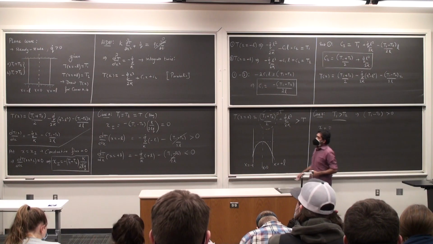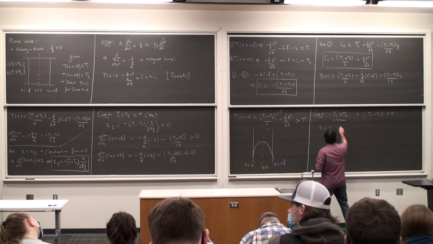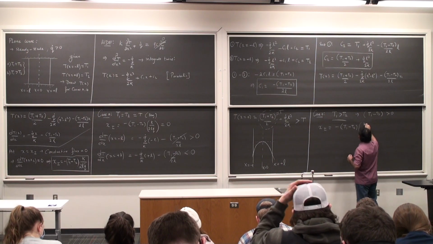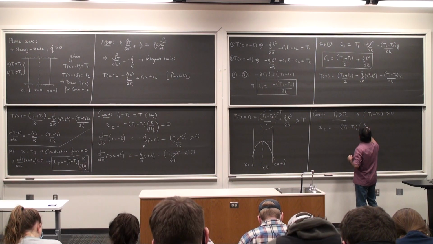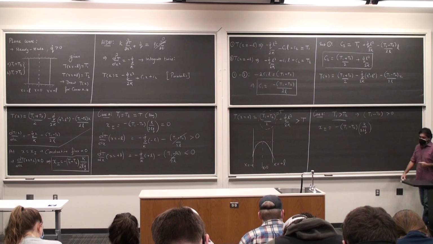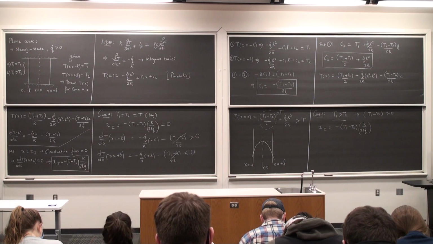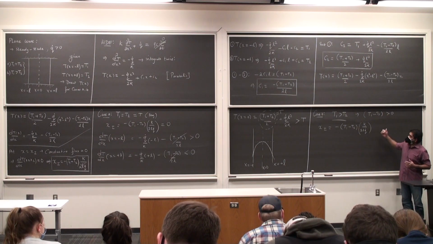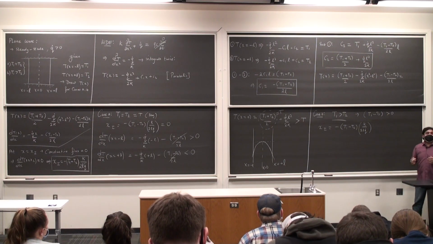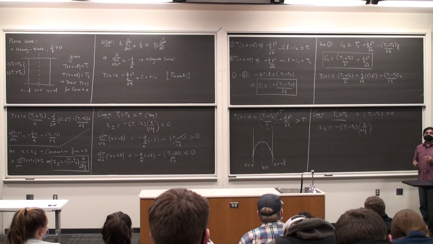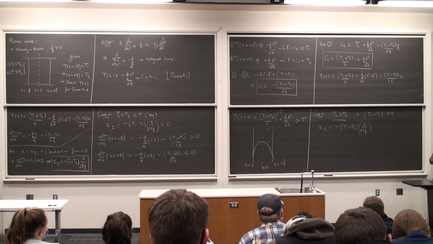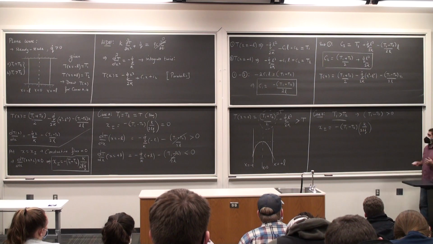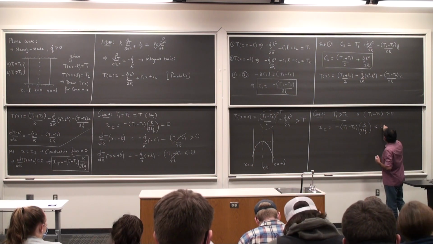So xi, if I do the substitution, is minus (T1 minus T2) k by 2L q dot. T1 minus T2 is greater than 0, positive heat generation. Thermal conductivity is never negative for the materials that we study. Length is a physical quantity. So everything in there is positive, but I have this negative sign, so this is going to be less than 0.